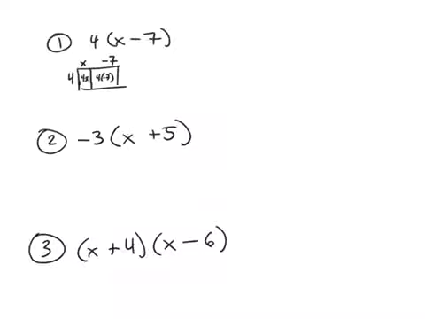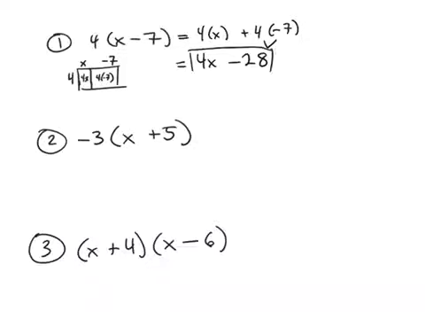So this 7 is like a negative algebra tile. Okay? So I get 4 times x, and then 4 times negative 7. And that's 4x. And then 4 times 7 is 28. And it's a negative, so it's a negative 28. So I'll call it 4x minus 28.